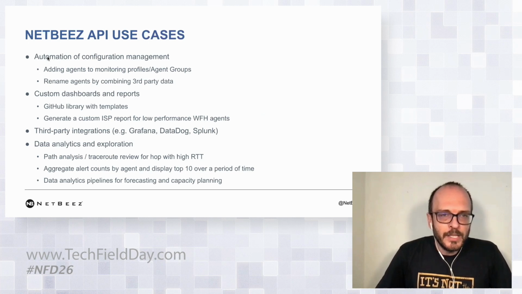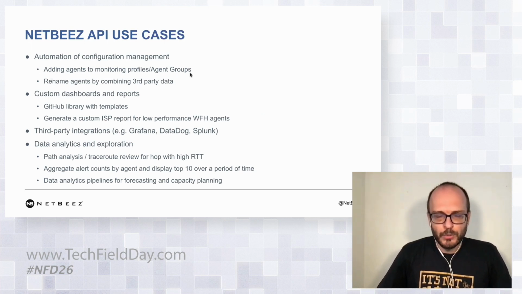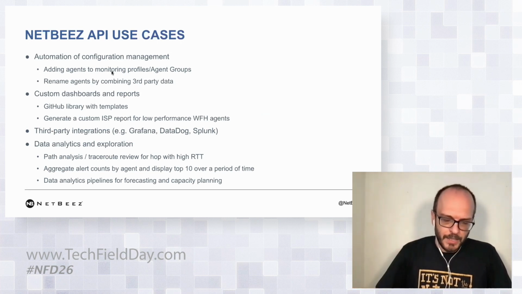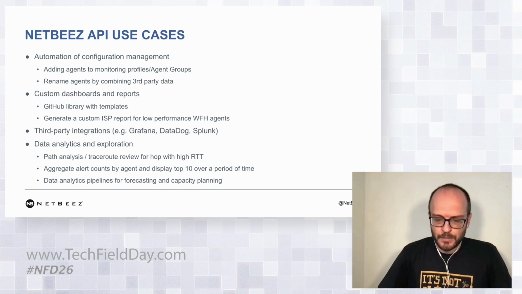The first category is automating configuration management. A couple of examples are adding agents to monitoring profiles, or agent groups as we call them, so you can automatically enable your agents to start monitoring targets without having to go and manually set them up.